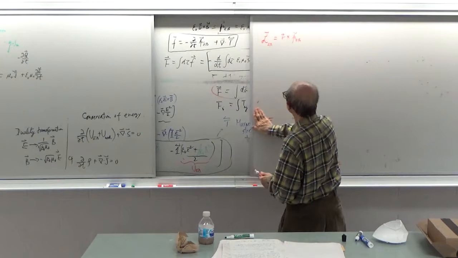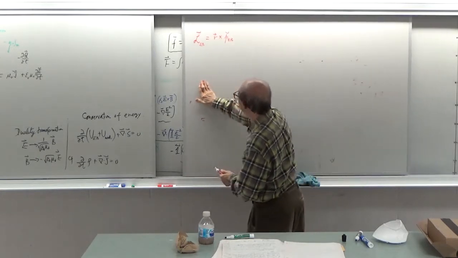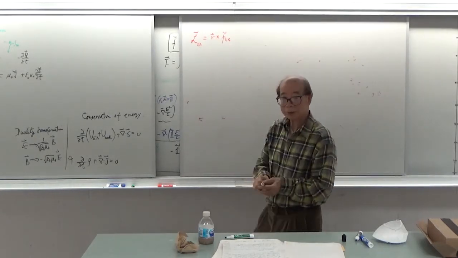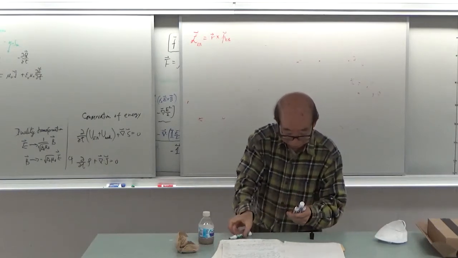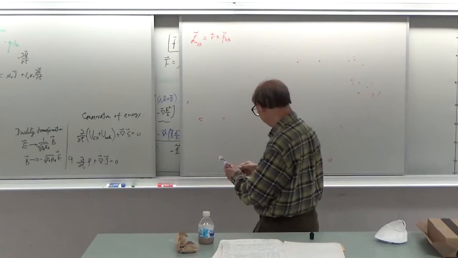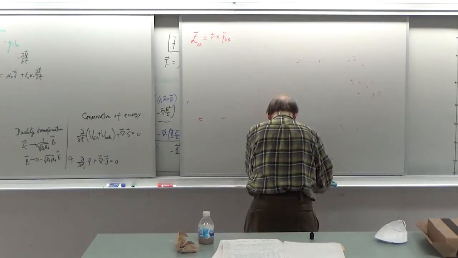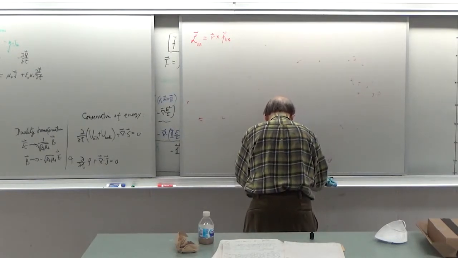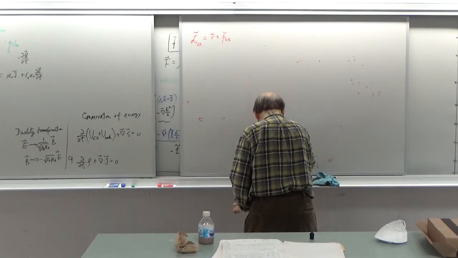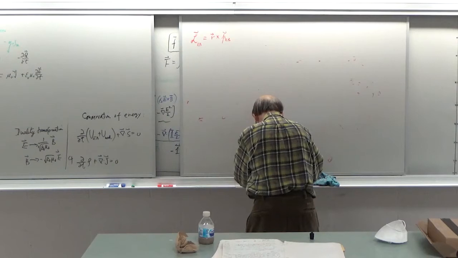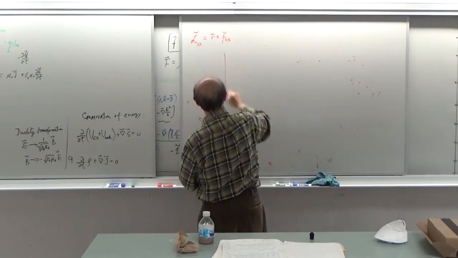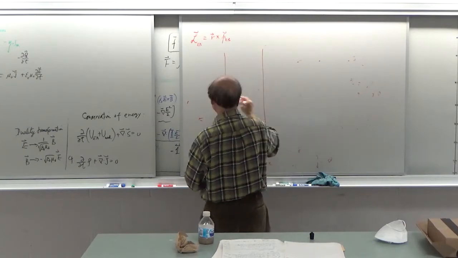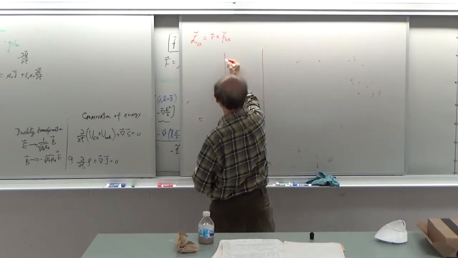So let's discuss the conservation of angular momentum with an example. Let's say that we have a solenoid, in red color, so current going through.